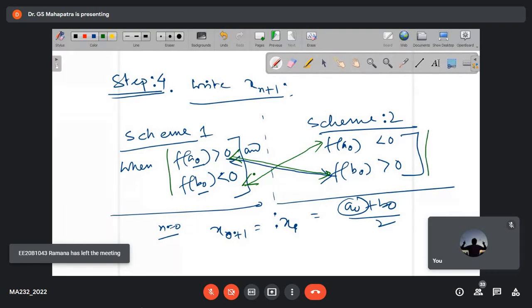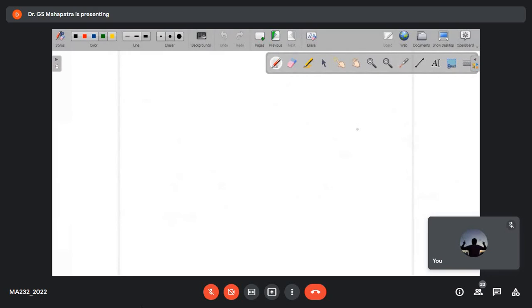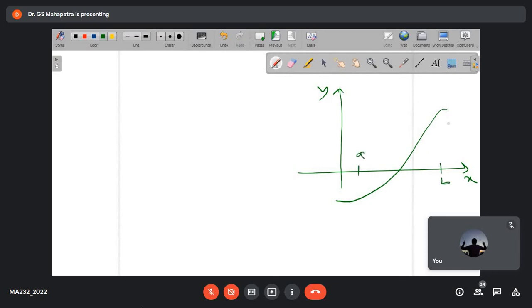So what is actually we are doing? You just see the next scheme. These are the 4 steps in mathematical form. Now the graphical representation. This is your A and B initial. Then I will consider one problem.